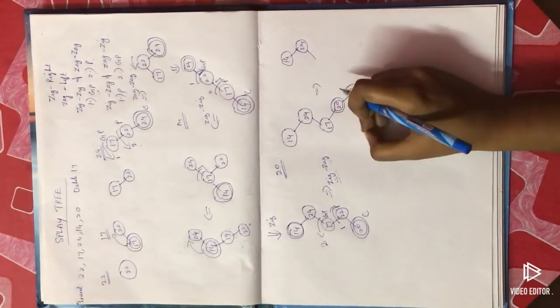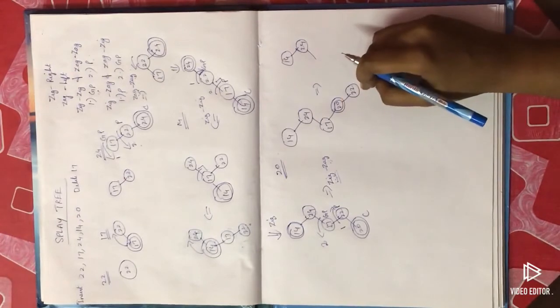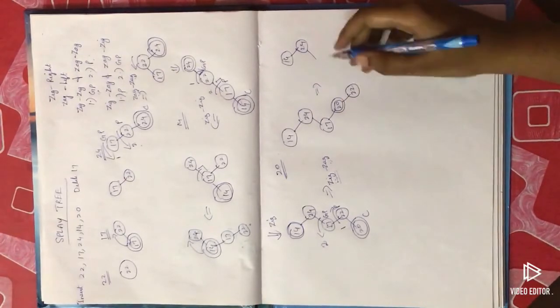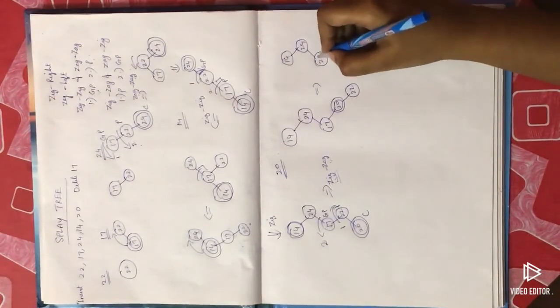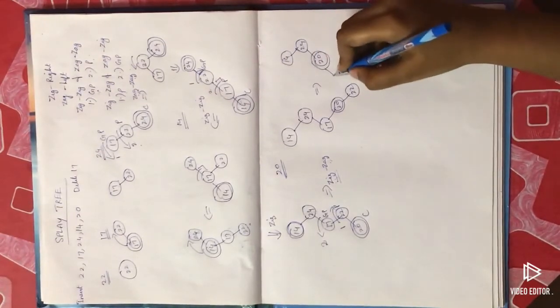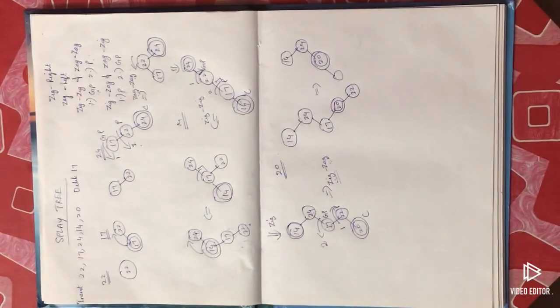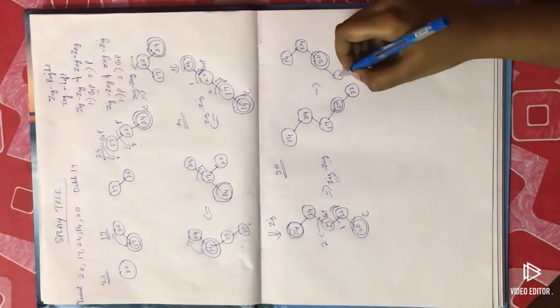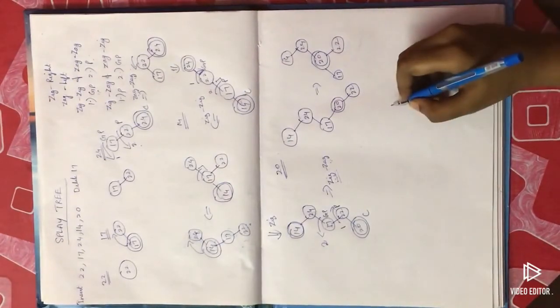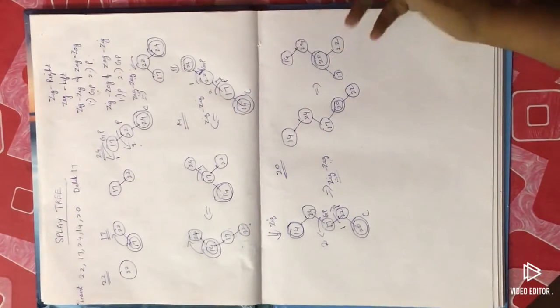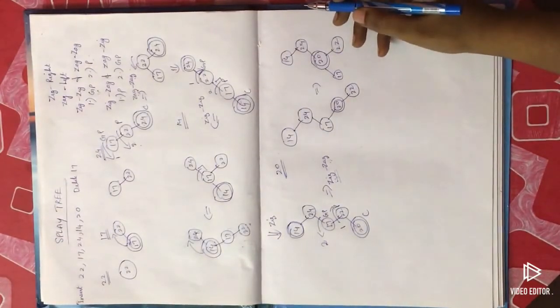At the left of 20, 17 will be there, and at the right of 20, 22 will be there. Now you check the condition. Is 20 splayed to the root? No, not yet. It is not splayed to the root.